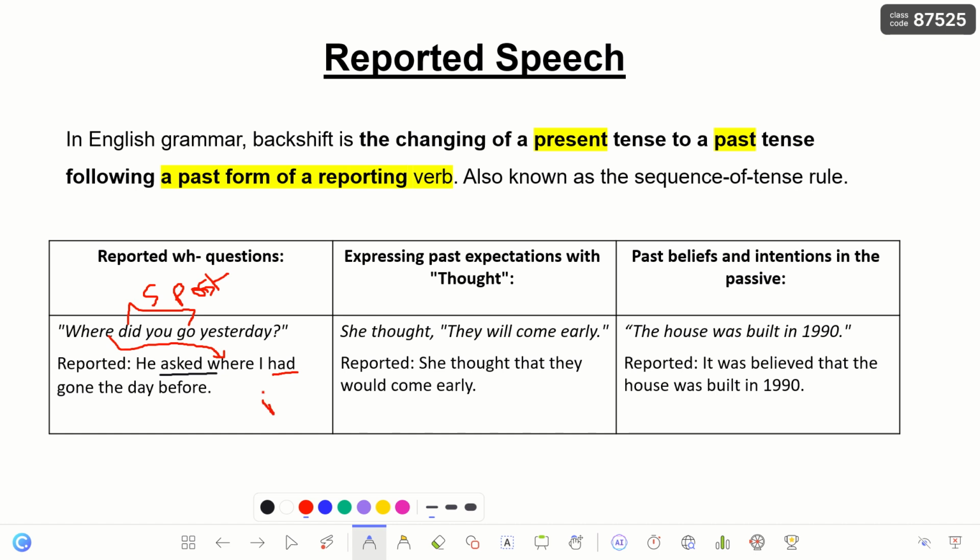To past perfect. Had gone. This is what we call past perfect. This is what we call what? Backshift. Past perfect. You understand me, ladies, yeah?